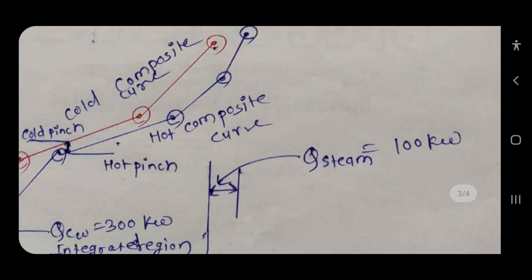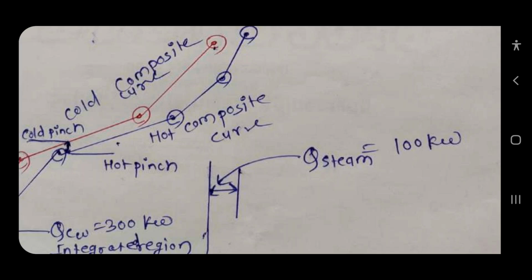So I will provide one heater or multiple heaters, but my heat duty must be 100 kilowatt. Doesn't matter, I can use two heaters. The first heater is for 50 kilowatt, the second heater is 50 kilowatt. Or I can use four heaters of 25 kilowatt each, right? But my Q steam requirement is only 100 kilowatt.